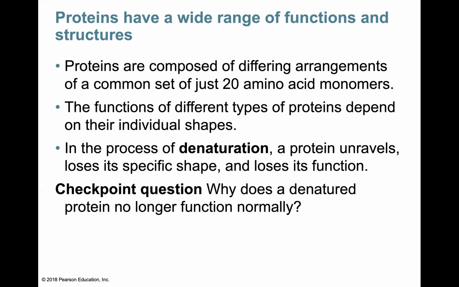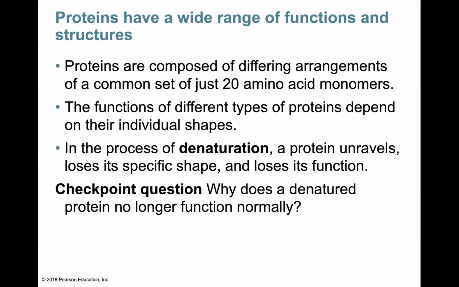In the process of denaturation, a protein can unravel or change its conformation, lose its specific shape, and therefore the protein function can be altered. I want you to understand what happens during denaturation. If a protein is denatured, what happens?